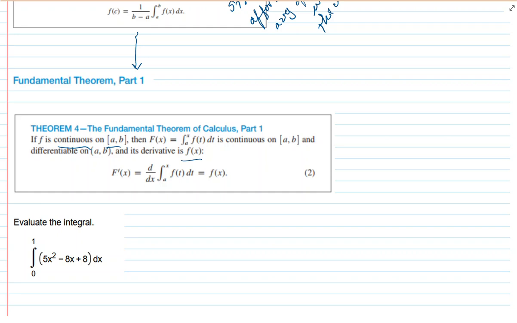All right, so that states that cap F prime of x equals the derivative d over dx of the integral from a to x of f of t dt, which is equal to that original function f of x.